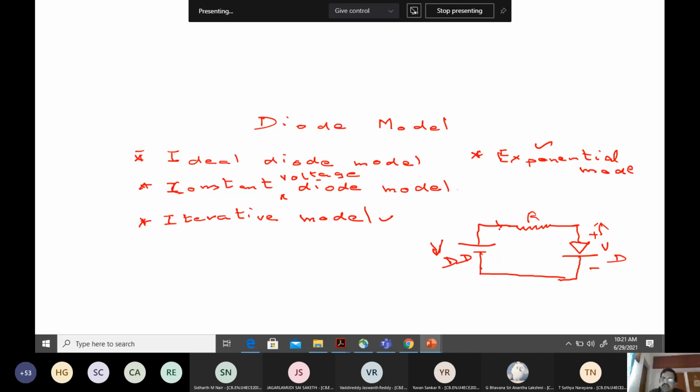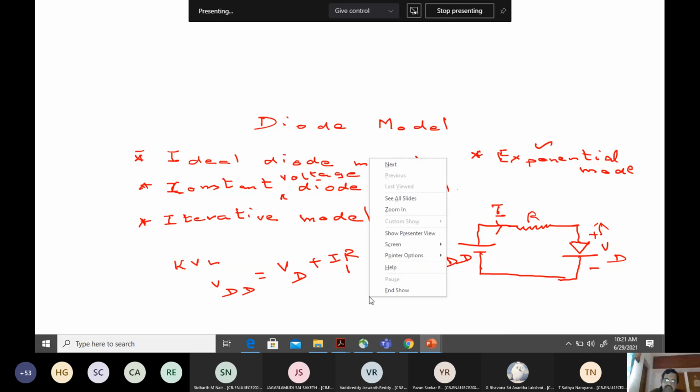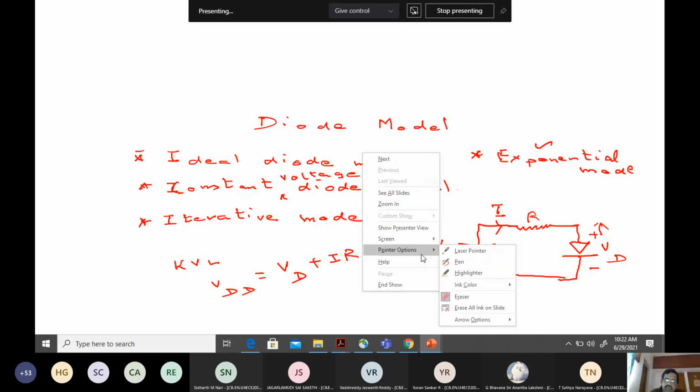And the current obviously will move from positive to negative. So we have this KVL equation as VDD equal to VD plus IR. There is no subscript required, it's simply the current. IR is the voltage drop across the resistor. That's all.